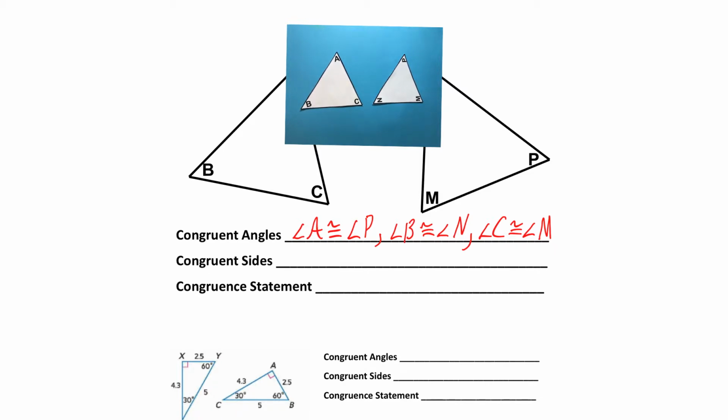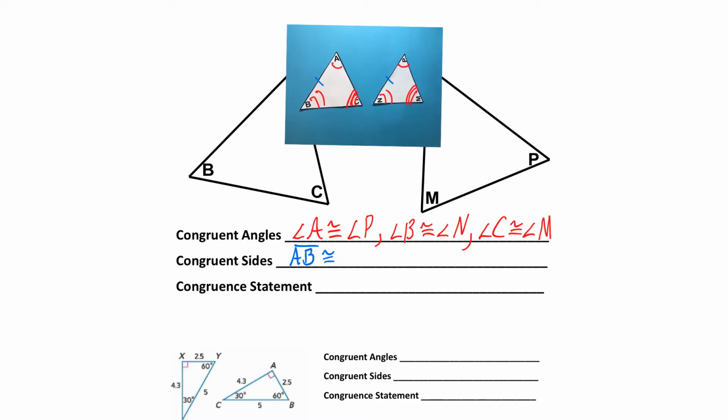All right, now for the congruent sides. So let's start off with AB. I was going to mark this. So A is congruent to P, B is to N, C is to M. So AB is congruent to what side?